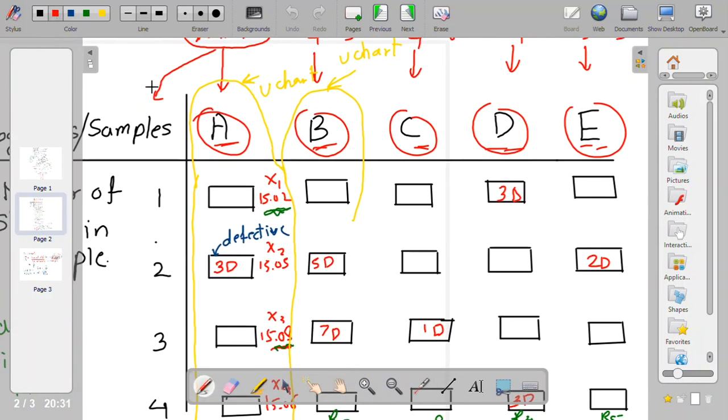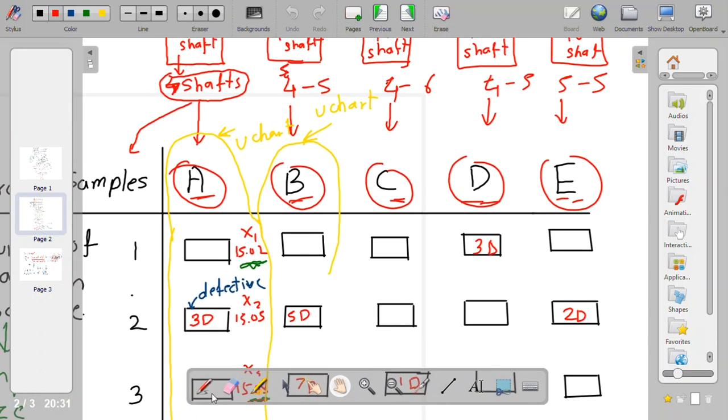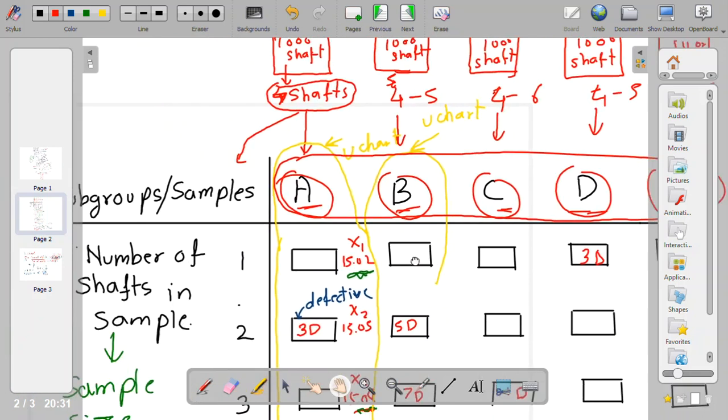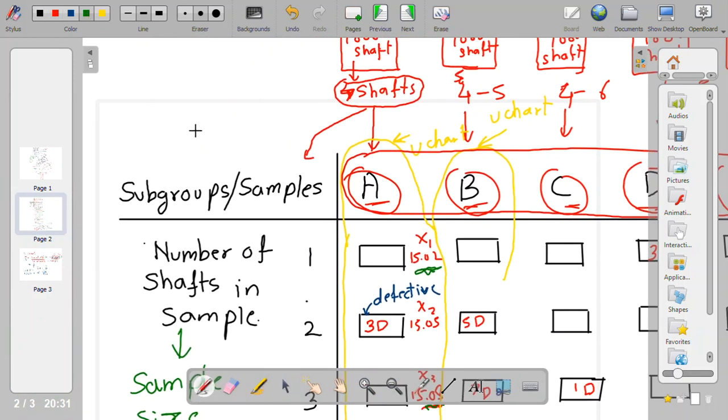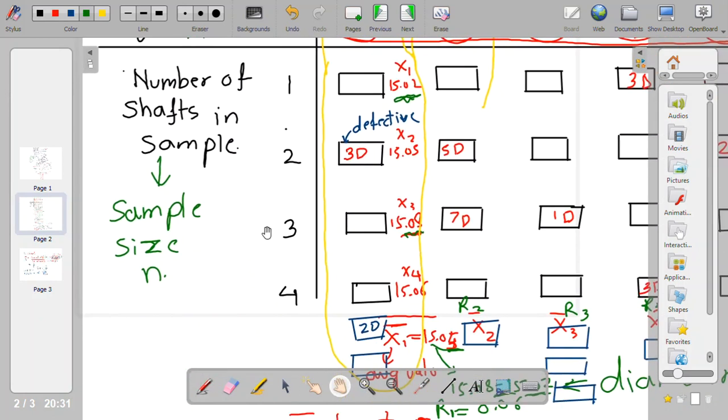So listen carefully. What is capital N? Capital N is the number of subgroups, that is, how many samples are there. What is small n?